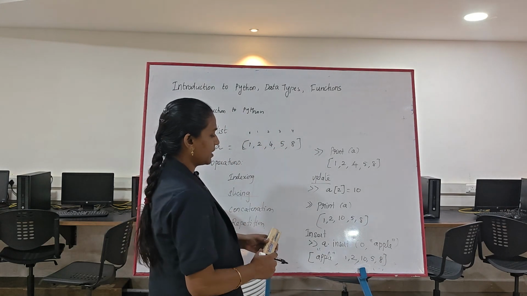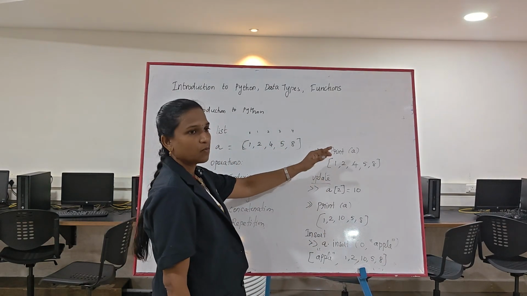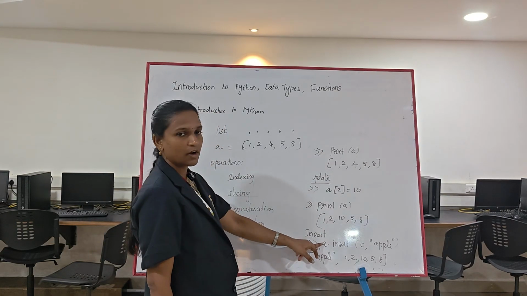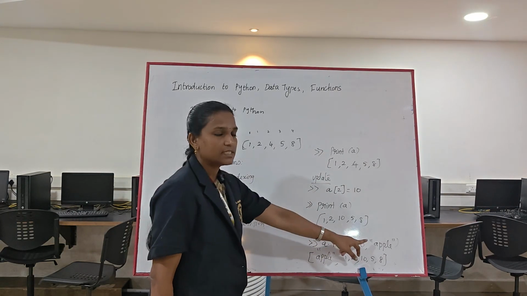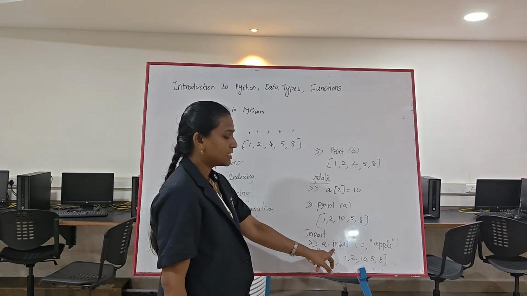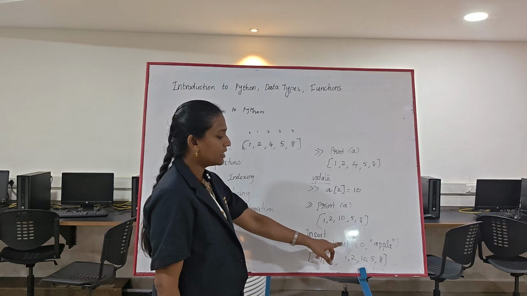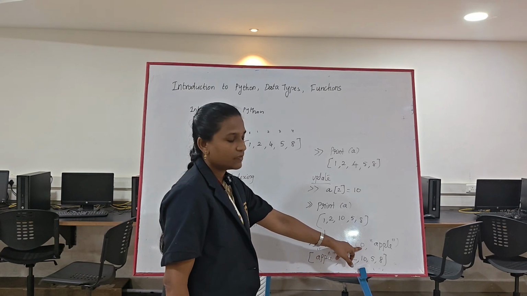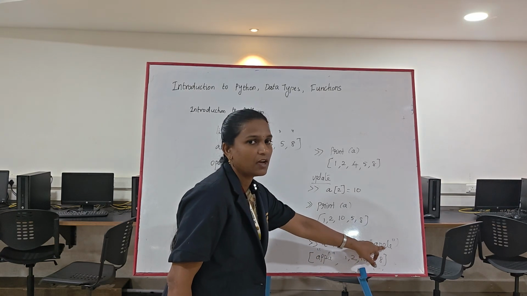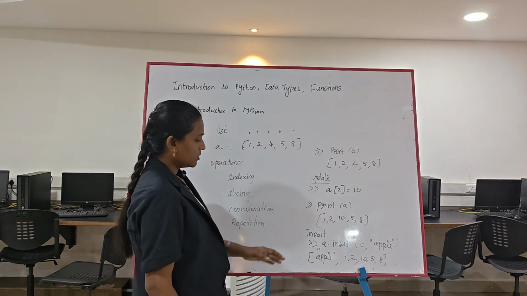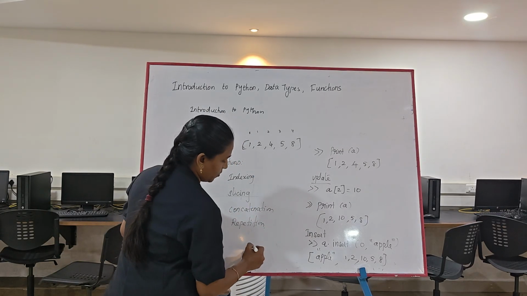So update means the old value is replaced, and insert means the old value is not replaced. We are going to insert the element. The syntax is the list name dot insert, the index, and the value we need to insert.